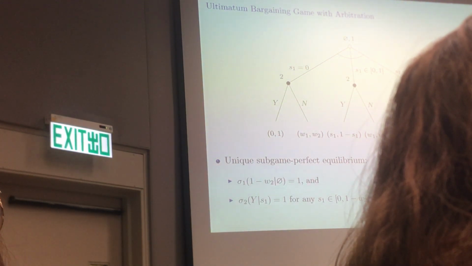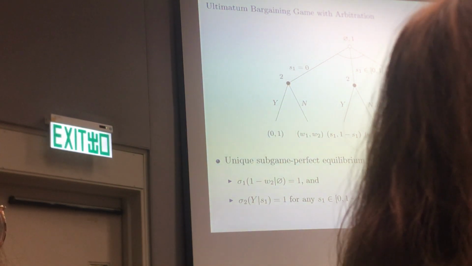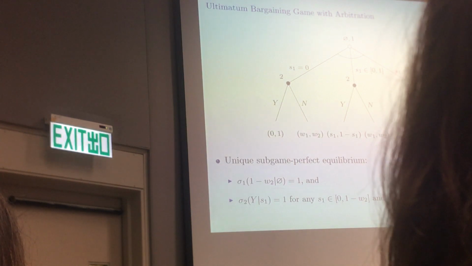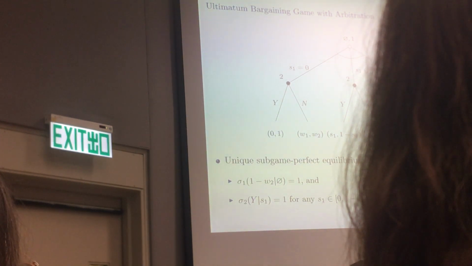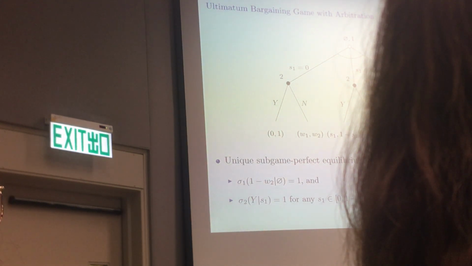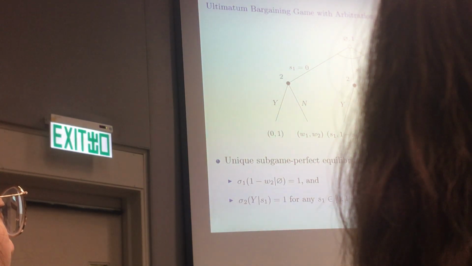The graph of this equation, with the payoff on the vertical axis and S1 on the horizontal axis, is a straight line with a 45 degree slope. And then what about the other case?